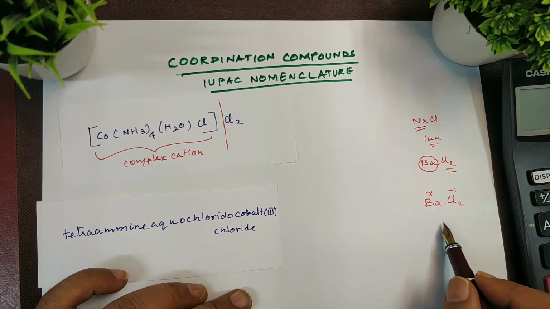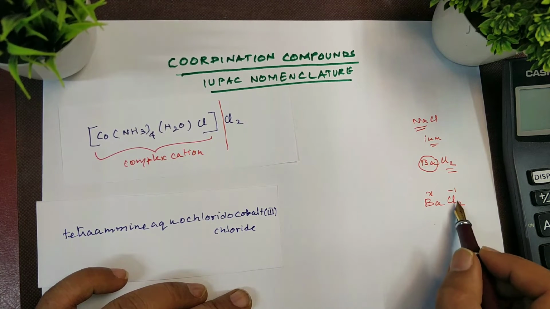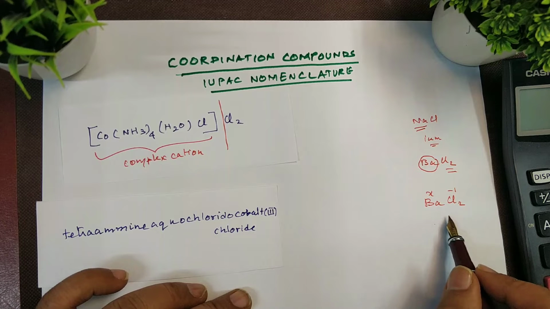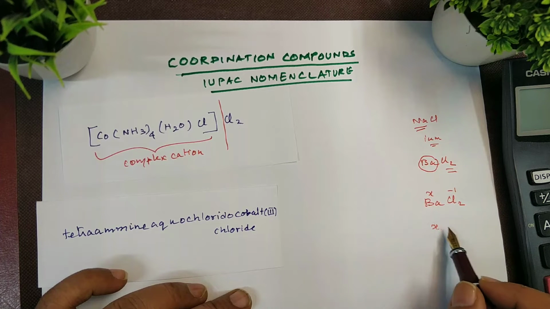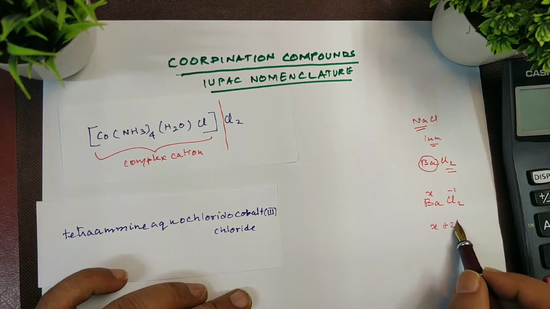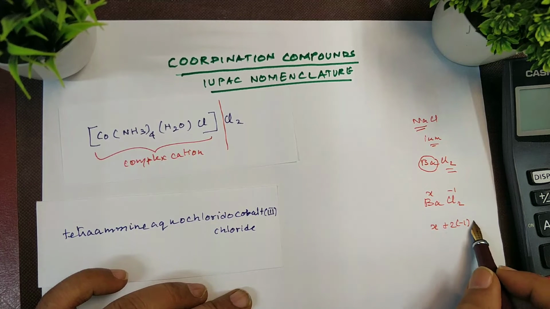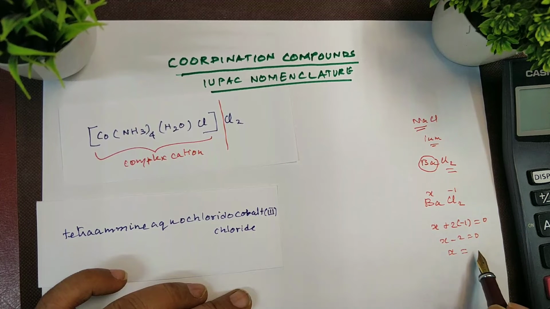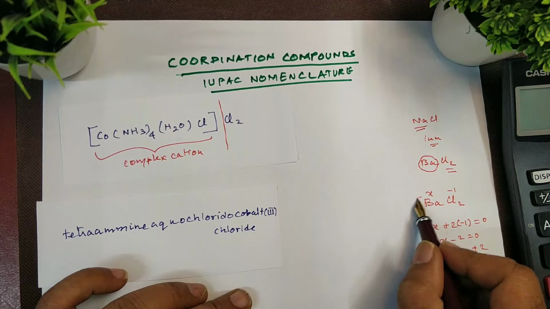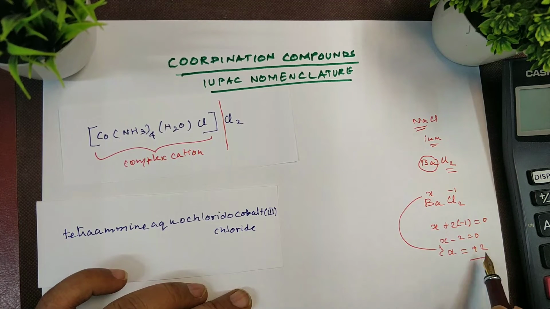Based on this simple algebraic expression, the neutral molecule has the oxidation state 0. So X plus 2 of -1 is equal to 0, means X minus 2 is equal to 0, X is equal to plus 2. So the barium oxidation state is plus 2.